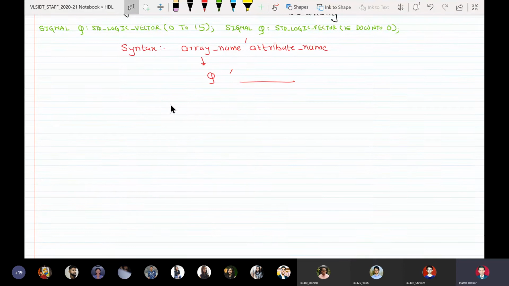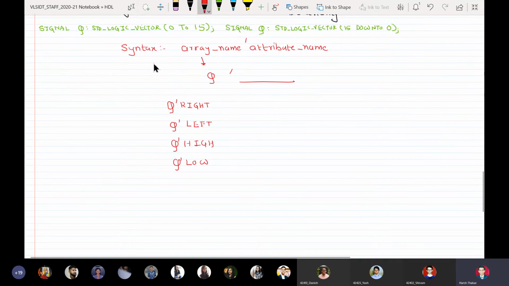The different attributes are q tick right, q tick left, q tick high, and q tick low.